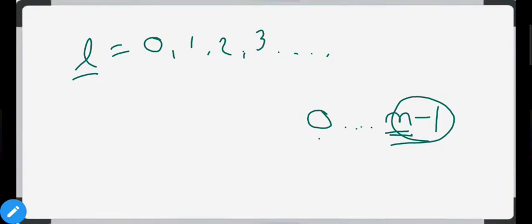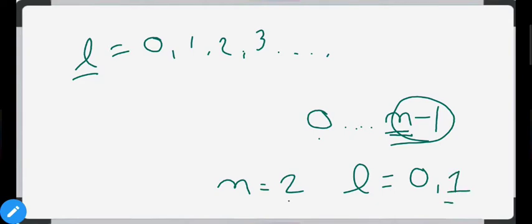Suppose n is equal to 1, then you will get only one value of L, which is 0. If n is equal to 2, then you will get two values of L, which are 0 and 1. That means n minus 1 is equal to 2 minus 1, which is 1.